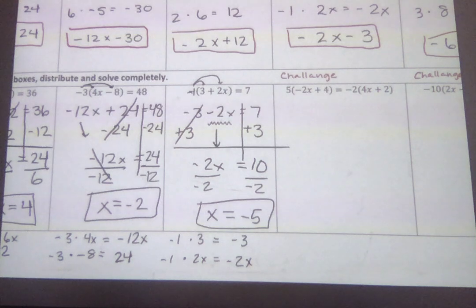Hold on, let me see. Yeah, let's go right there. Yeah, there we go. 7 plus 3, that's going to get you 10. Then you bring down your negative 2x.